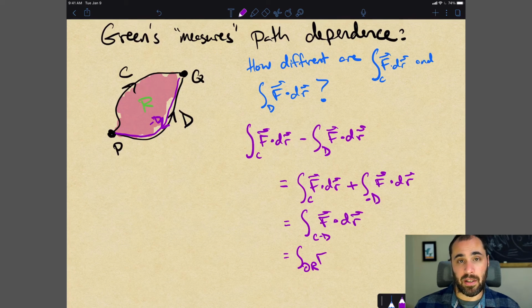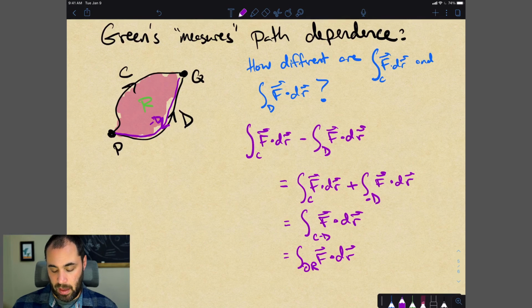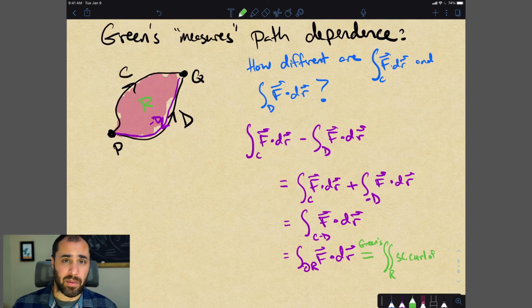And so Green's theorem tells us the circulation around that boundary is the double integral of the scalar curl. And I realized this is maybe oriented in the wrong direction. We want our oriented path to be counterclockwise.